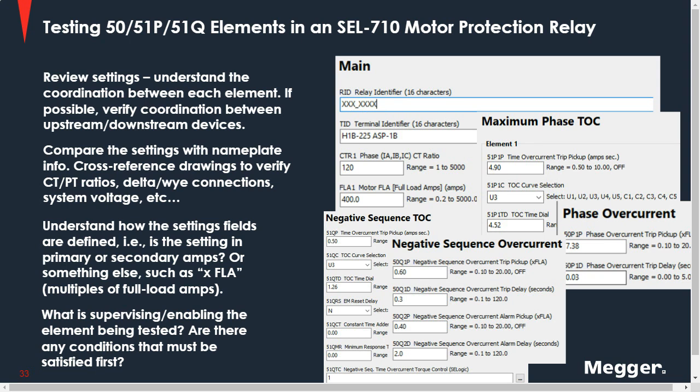I redefined it as one, but then went back and changed it later. But it's very important to document how you test these elements.